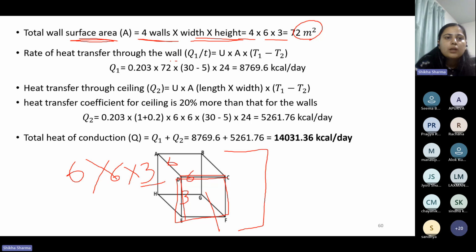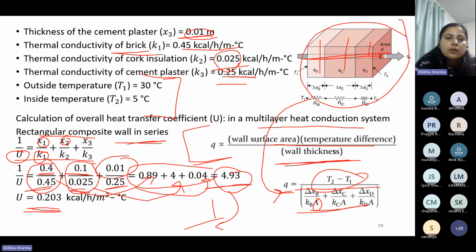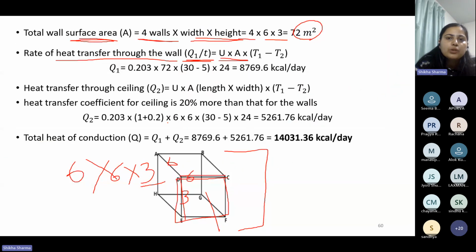So from this we can calculate the rate of heat transfer through the wall. Q1 divided by time, because it is a rate, equals U, which we calculated as the overall heat transfer coefficient, into area of the wall into T1 minus T2, which is the thermal gradient.